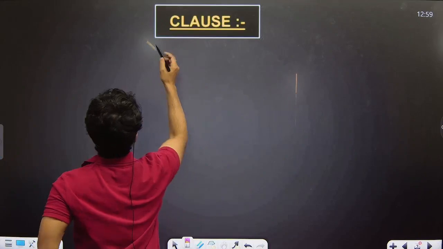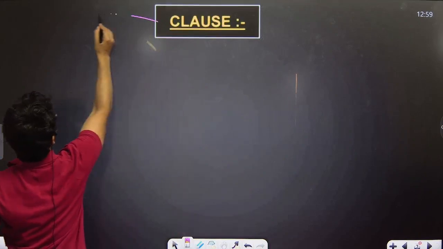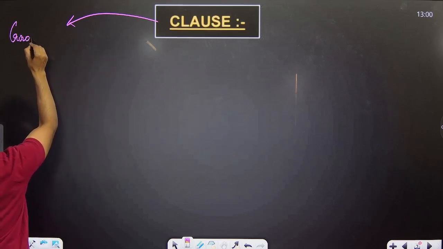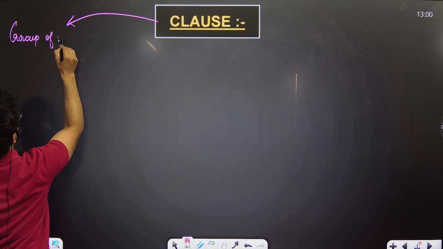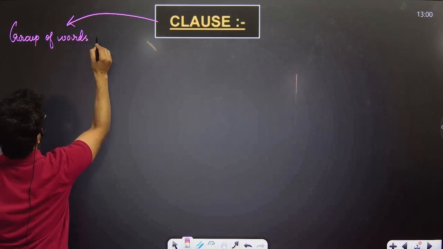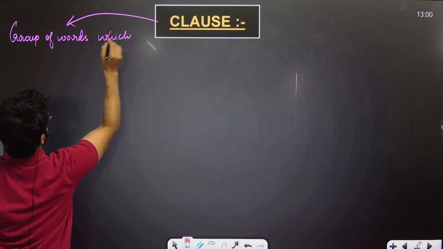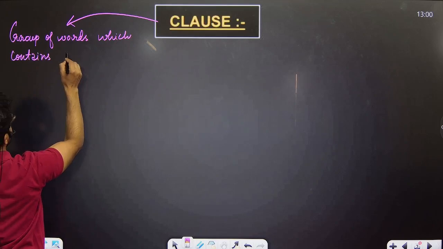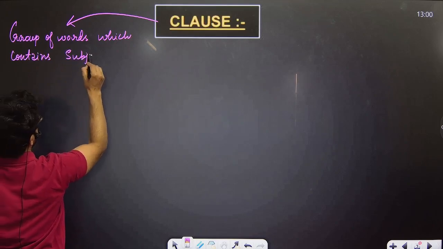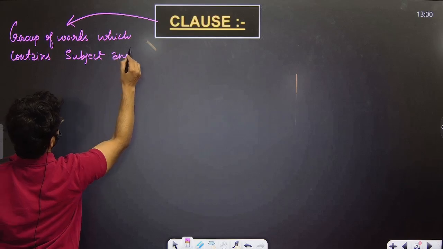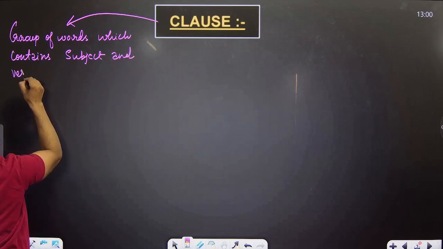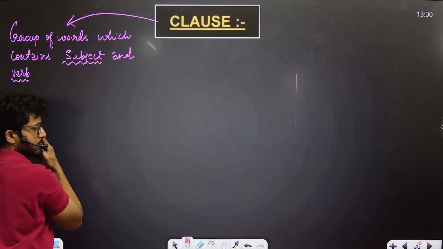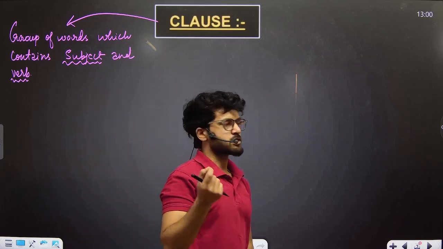Let's quickly write it up. What are clauses? They are a group of words which contains a subject and verb. More importantly, you need to keep focus on the verb part.